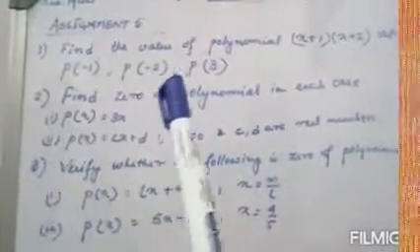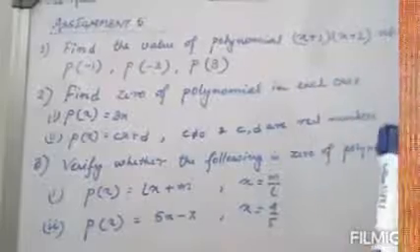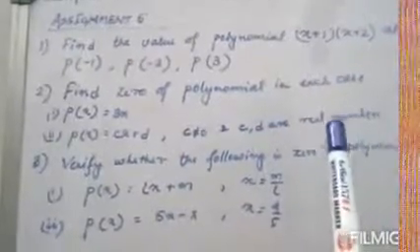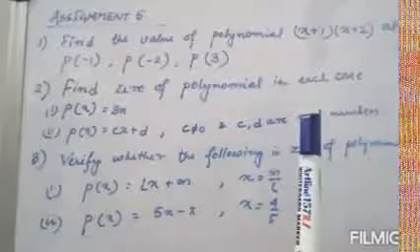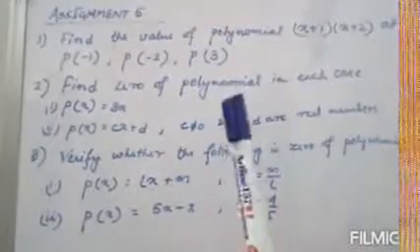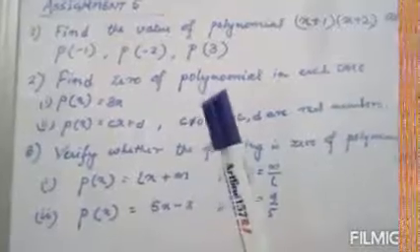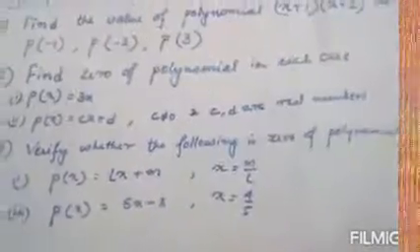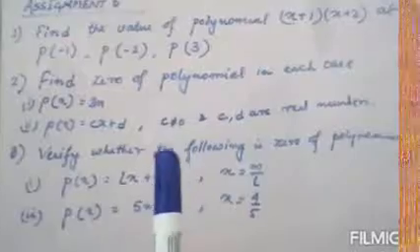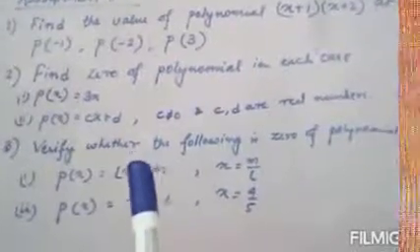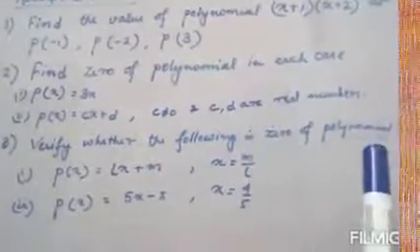Okay, second one, find the zero of the polynomial in each case. And what I told you, to find the zero of the polynomial, you need to equate that polynomial to 0, and in that way you will get the value. And the third one is verify whether the following is the zero of the polynomial.